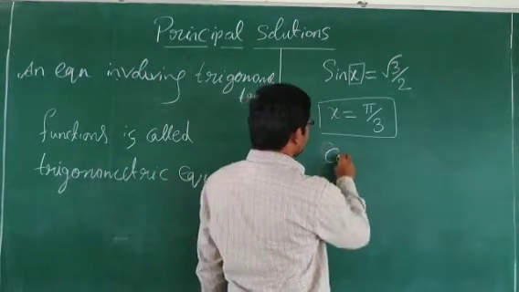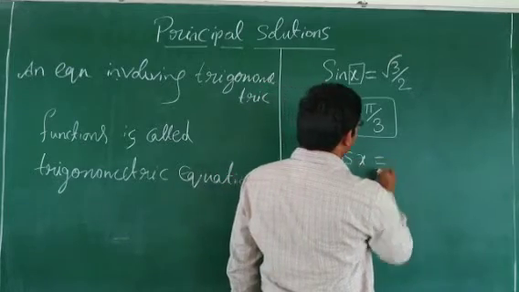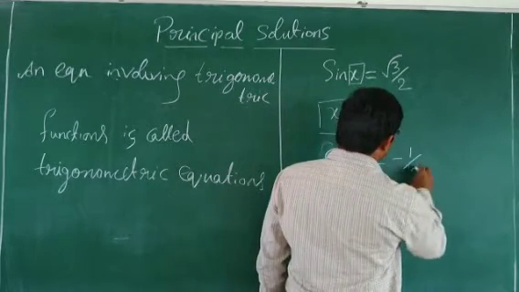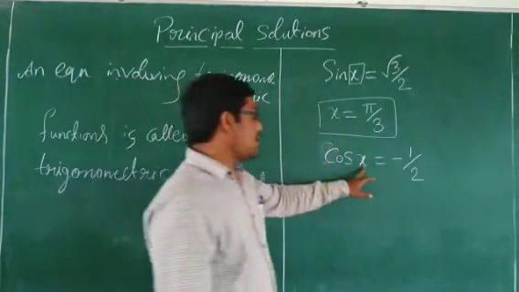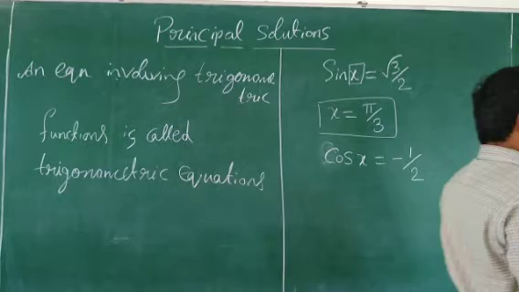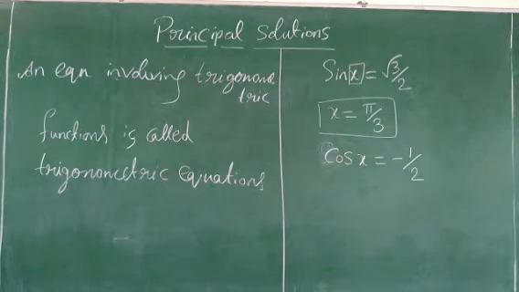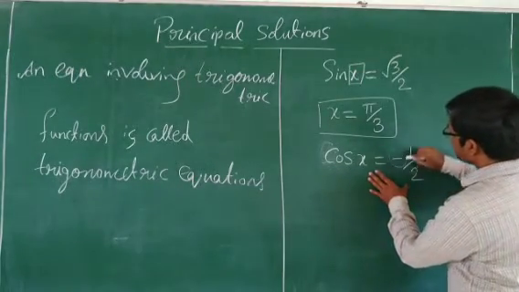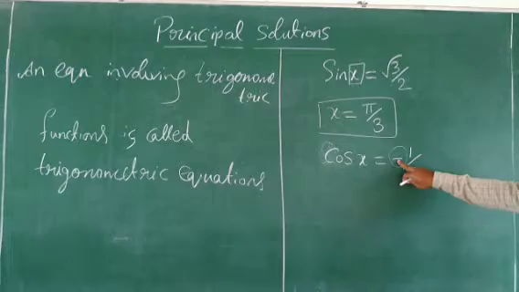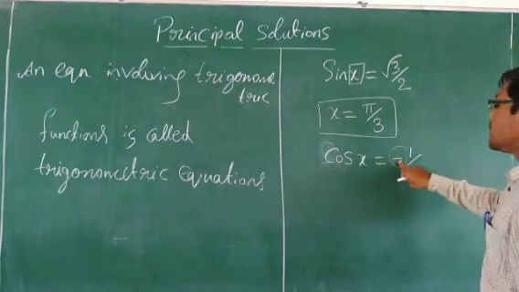We take one more example. Suppose we take cos x is equal to minus 1 by 2. Again we need to find the value of x. To find it, we see that cos should be negative.